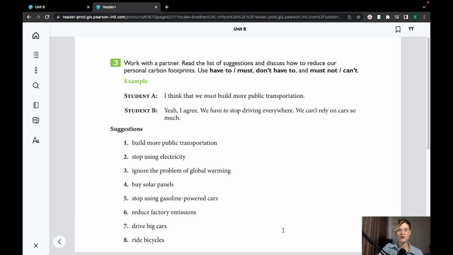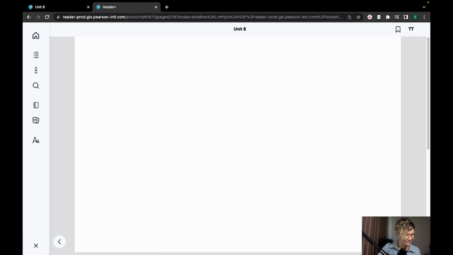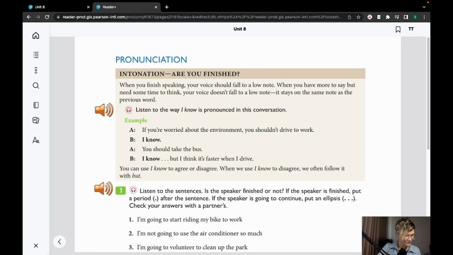So I'd like you to use those modals and to answer. Okay. Remember that must is stronger than have to. And don't and doesn't have to, we have a choice. But if we say must not, it means there is no choice. Yeah?